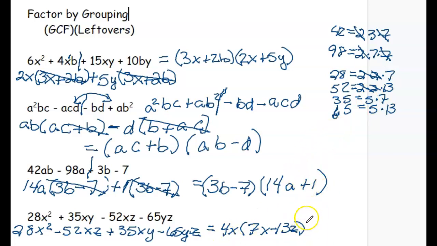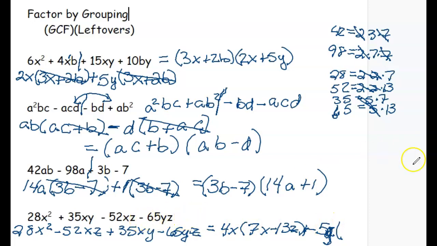All right, now I get to the second part. 35 and 65 both have 5 in common, just like we said. They both have a z. Or excuse me, they both have a y. I'm looking at the wrong part of the problem, sorry. They both have a y.